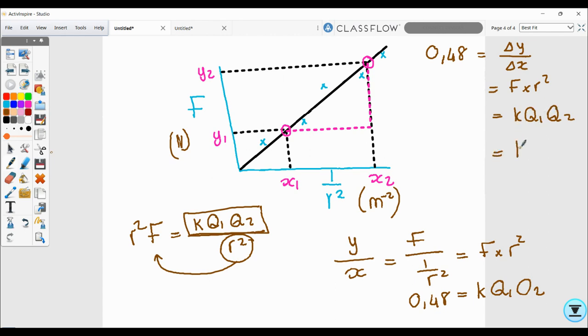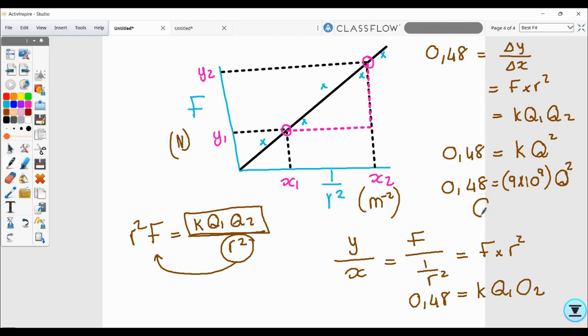So you can say that that's the same as k Q squared is equal to 0.48. Do I know what k is? Yes, sir. k is 9 times 10 to the 9. And Q is then my only unknown, and this becomes your calculator's job.